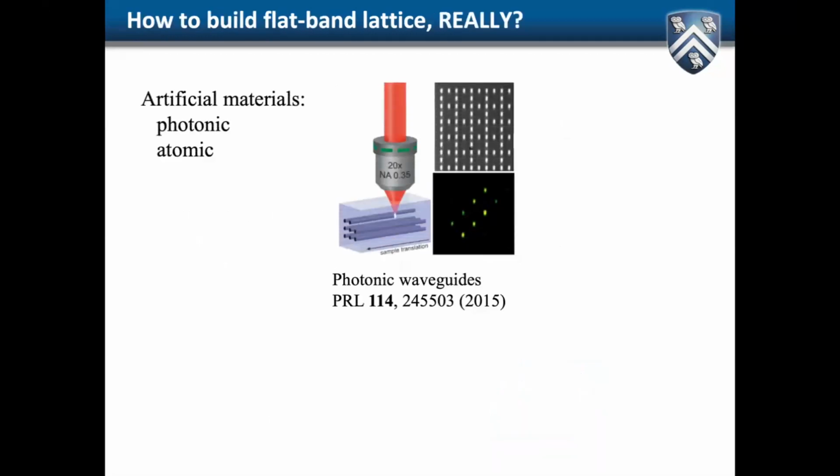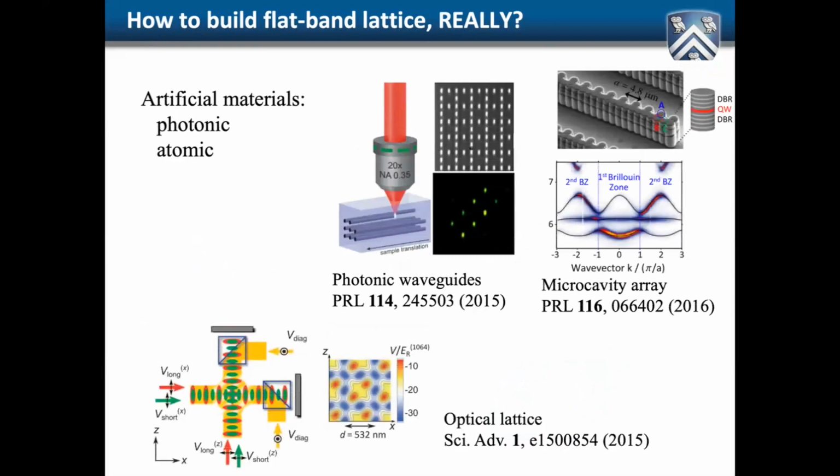And also let me finally mention how you realize the flat band in these synthetic materials. You can do this using photonic systems and also in atomic systems. And in this particular example, we will construct the lattice, and hyperbolic lattices have also been realized in experiments.